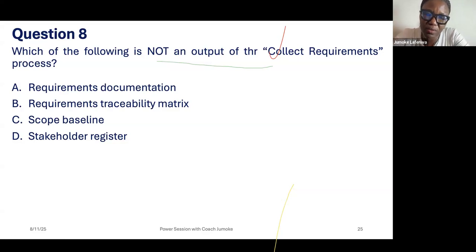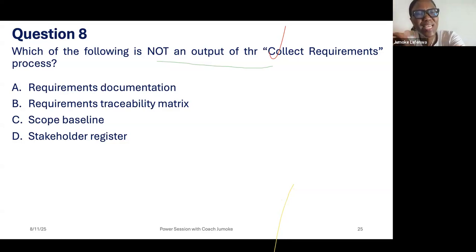Unmute your mic and tell me what you chose and why you chose it. Anybody who chose A, I should look for the person and invite the person.